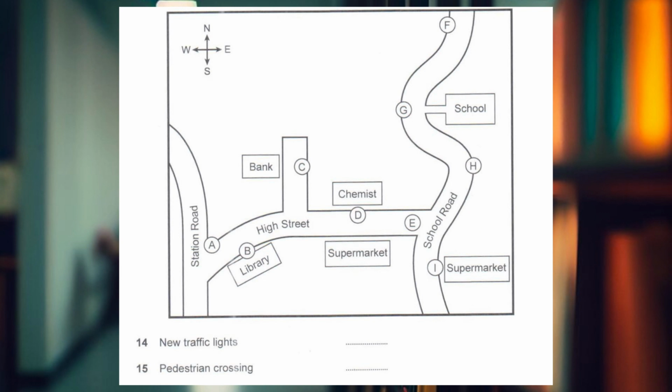Now there are alphabets from A through I on different parts of the map. If we can see, A is near Station Road, B is near library, C is opposite to the bank, D is near chemist, E is on the junction of school and high street, I is near the supermarket on school road, H is on the curve of the school road, G is opposite to school and F is to the north of the map.